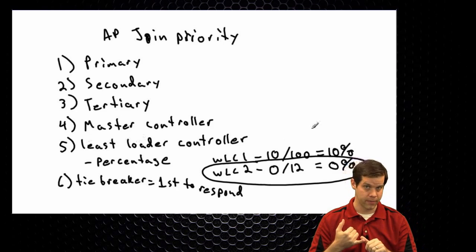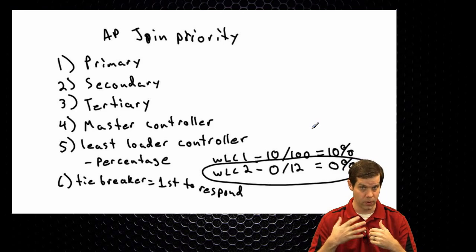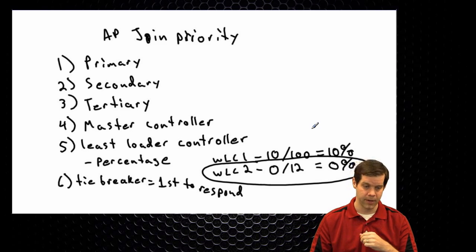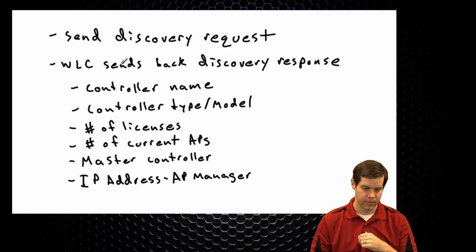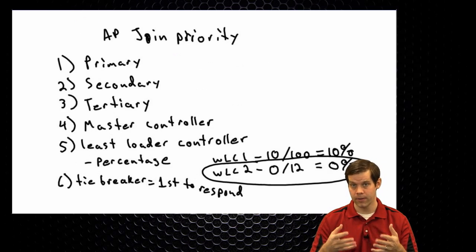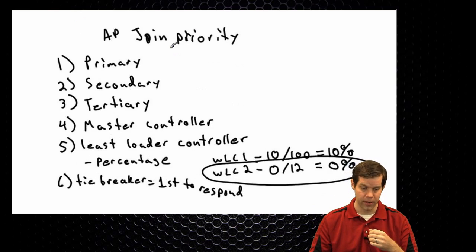So up to this point, we discovered our controllers. We sent a discovery request. We got our discovery response back with lots of information. All this information here: name, model, licenses, master controller flag. Once we receive all of those, we're going to analyze them. Okay, which one am I going to try to join first? Primary, secondary, tertiary, a master controller, or a least loaded controller?